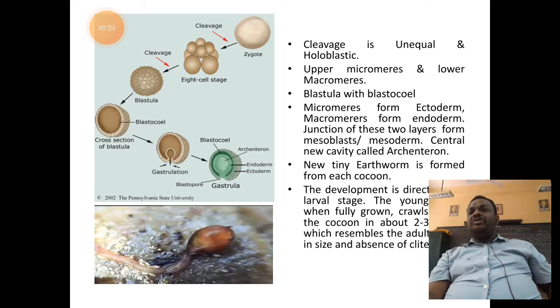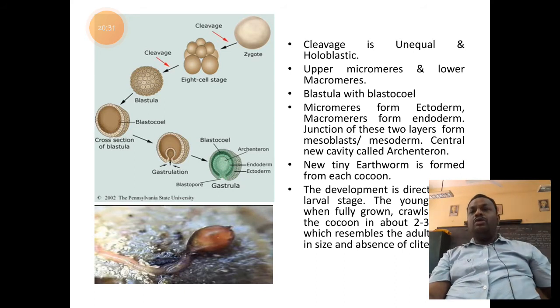The cleavage here is the mitotic divisions that occur inside the zygote, which is unequal and holoblastic. Students, remember, unequal means two daughter cells of a zygote are not of the same size and shape.